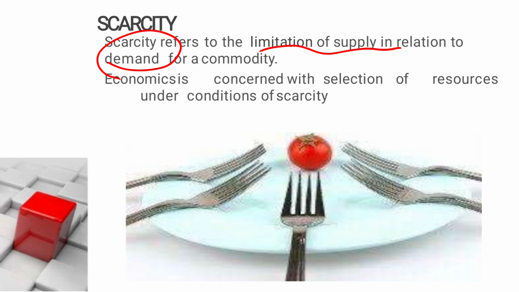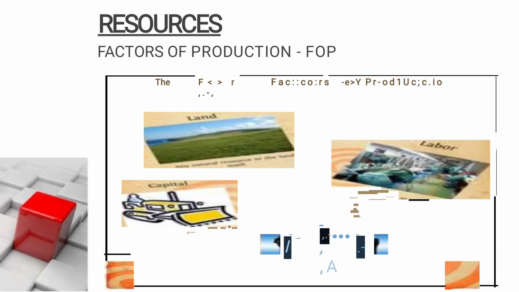When there is great demand for commodity, to that equal extent we cannot supply the commodity because the resources are scarce there. So economics is concerned with selection of resources under conditions of scarcity. So according to the scarcity, consumers select the product according to it.